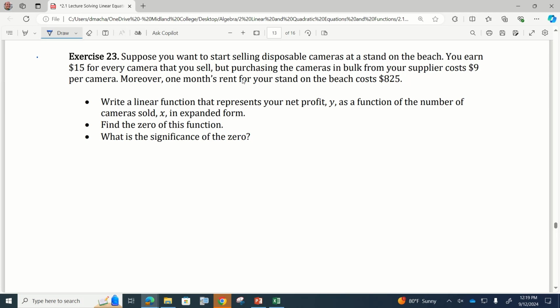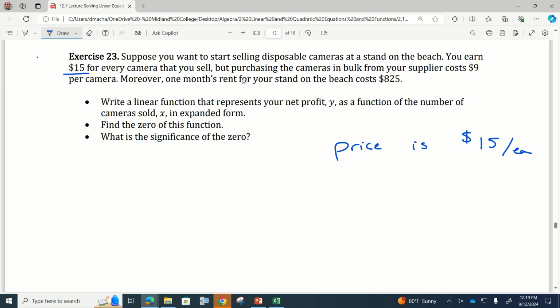Now, if you want to start selling disposable cameras at a stand, let's say you sell the cameras for $15 every camera sold. But you also have to buy these cameras first in order to sell them.